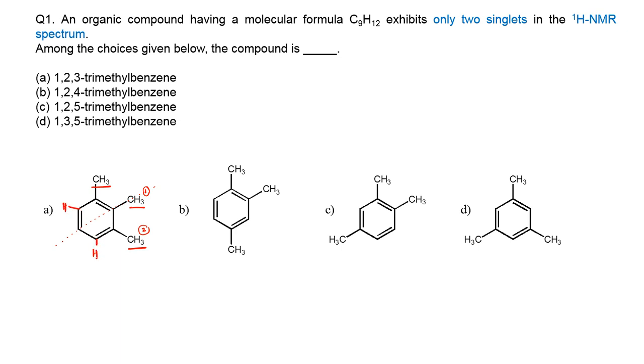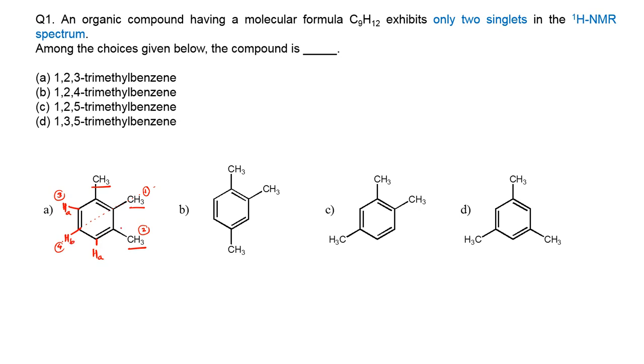The protons that are part of the aromatic skeleton are also symmetric. These two protons are identical, so combined they will absorb at a particular chemical shift, and that is the third kind of protons, and this one is the fourth.